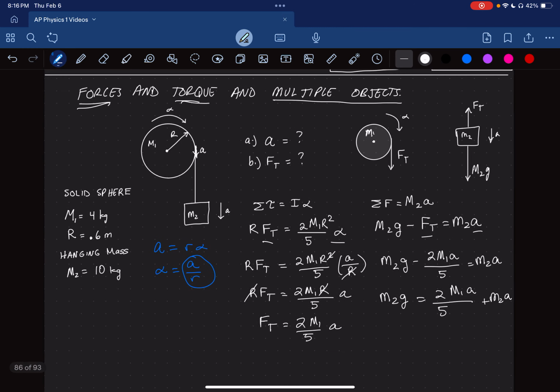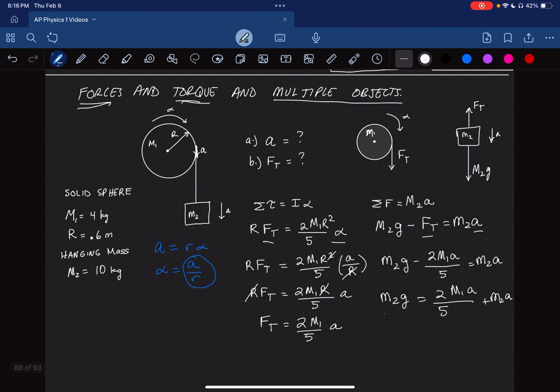Okay. Yeah, let's plug in some numbers here. So m2 is 10, times 10 is 100. But let's keep going. This is 2 times 4 times a over 5 plus 10a. This is 100 equals 8 over 5 a plus 10a.